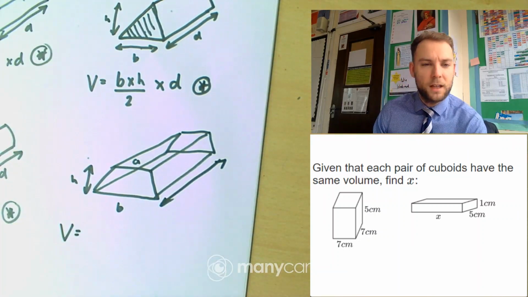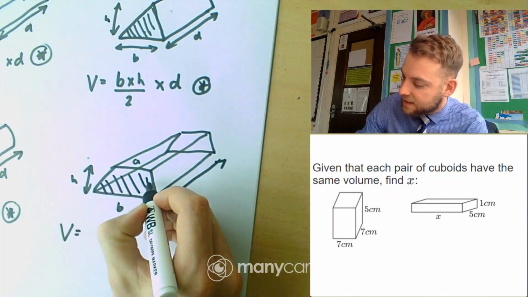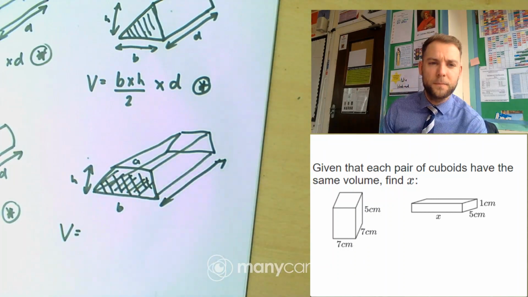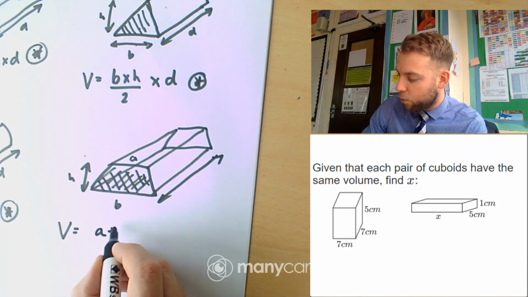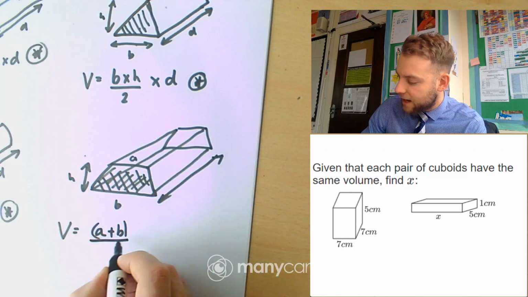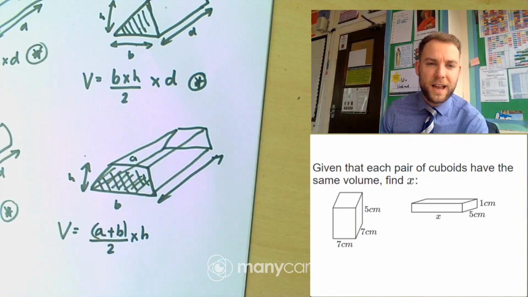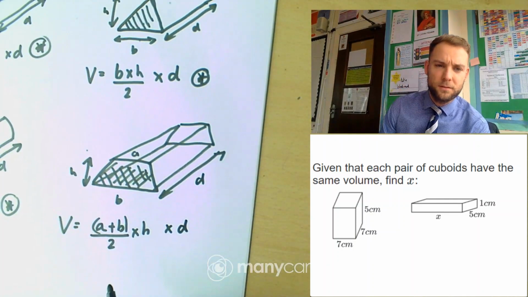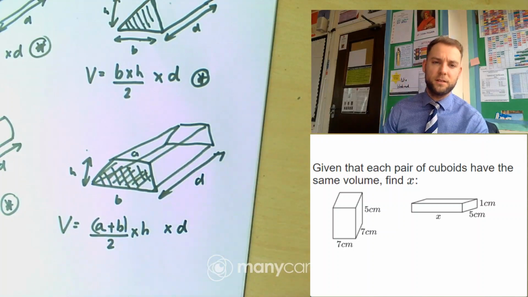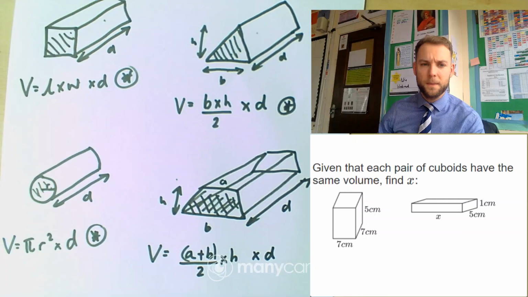So the volume of this one is equal to the area of the cross section, which in this case is this trapezium. So the area of a trapezium is A plus B divided by 2 times by H. That's the area of the cross section, times by the depth, because it's the volume of the trapezoid. So those are the 4 that you need to know.